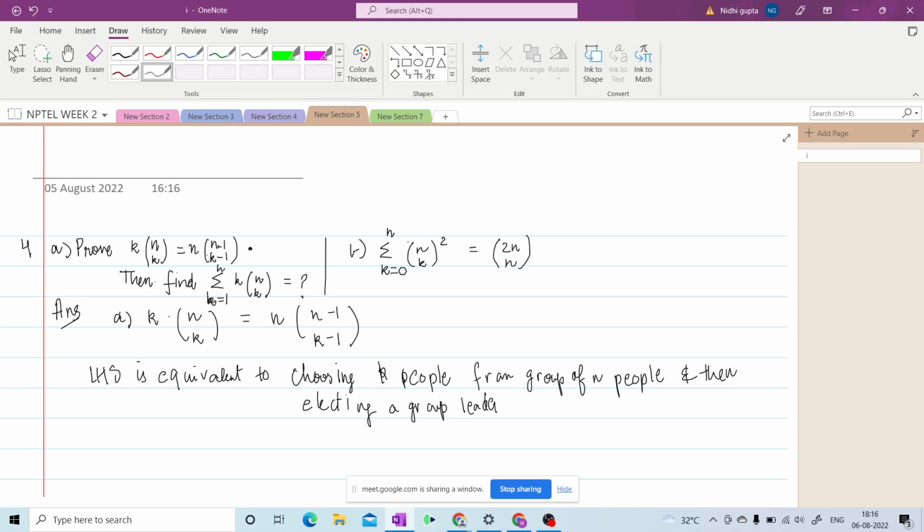Now we multiply by k, so from those k people we elect one group leader. So the LHS is equivalent to this.